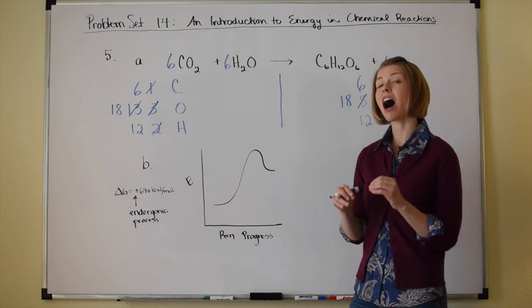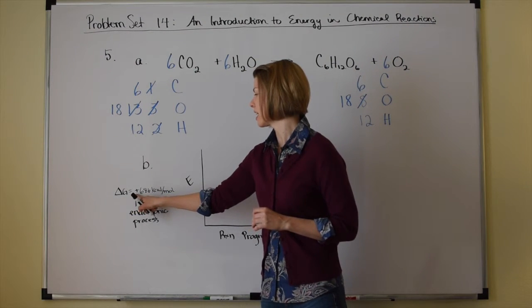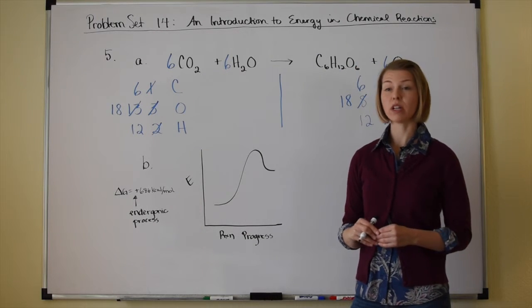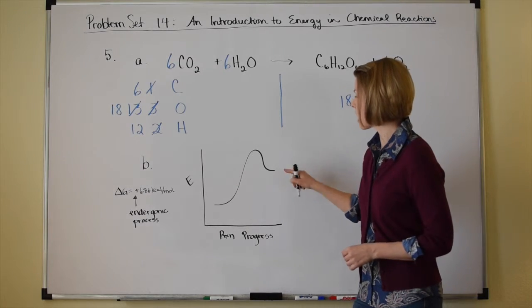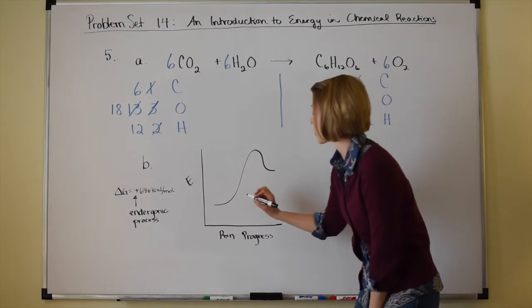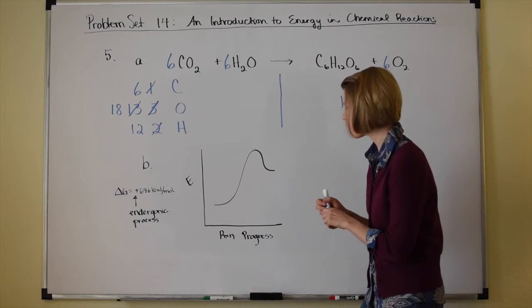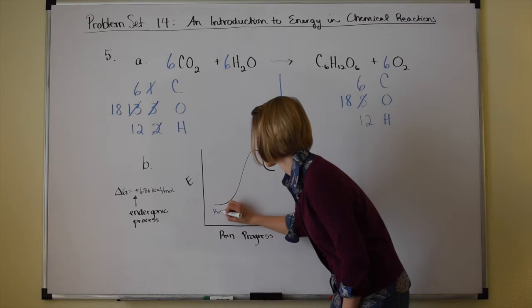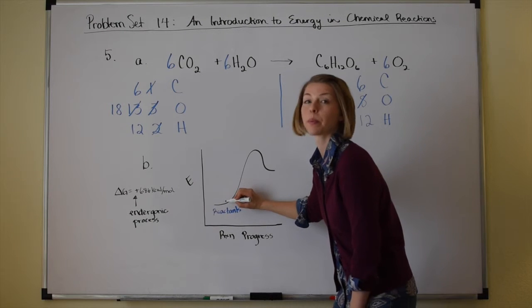Okay, so again, I know that because I'm given the free energy change, the delta G, as positive 686 kilocalories per mole. So I know that energy is absorbed. Remember that in this diagram, the reactants, let's go to a blue pen here for all the labeling. The reactants are represented by this first plateau.